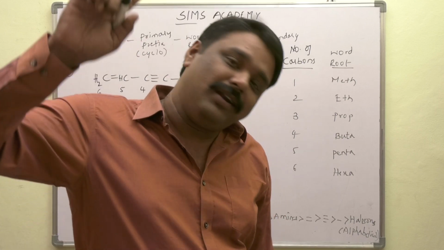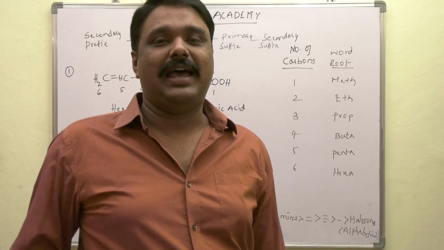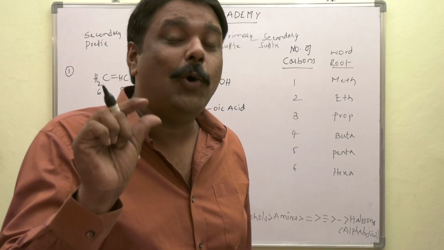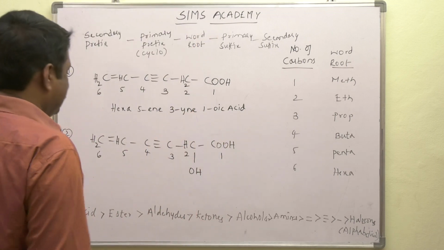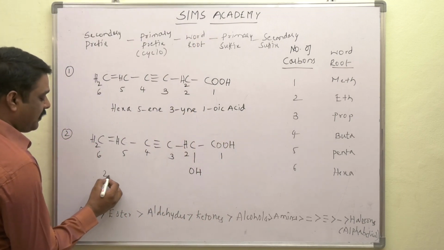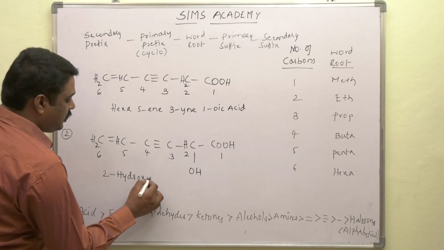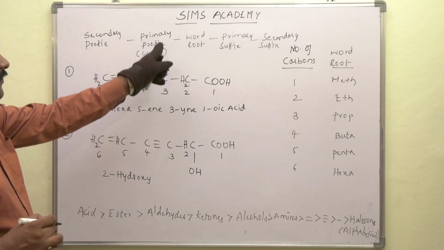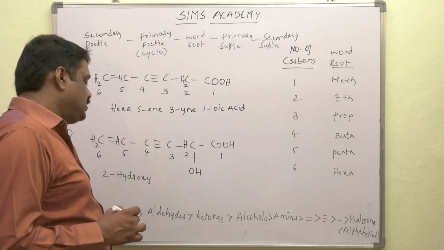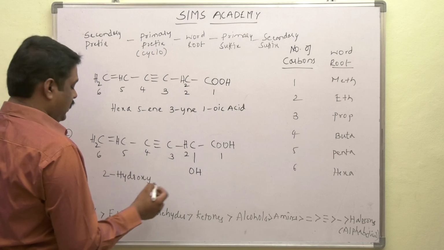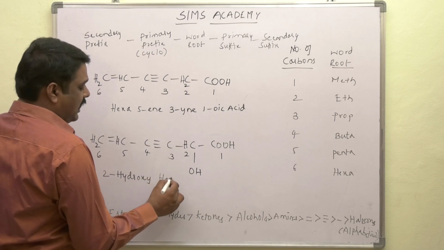If it is written under the suffix, we write it as ol, alcohol. Hence, here in the secondary prefix, we have 2-hydroxy. The primary prefix deals with cyclic compounds; we don't have any over here. 2-hydroxy. Coming to the word root, 6, hexa.